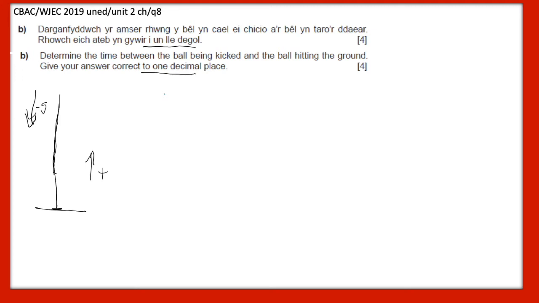Now that, given that the original height that it was kicked at was 0.9 meters, that means that this is minus 0.9 meters below its starting point, minus 0.9. So I want something that connects. My u is 14 because that's the velocity that it was given upwards.